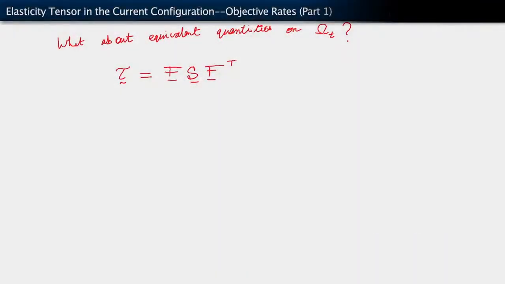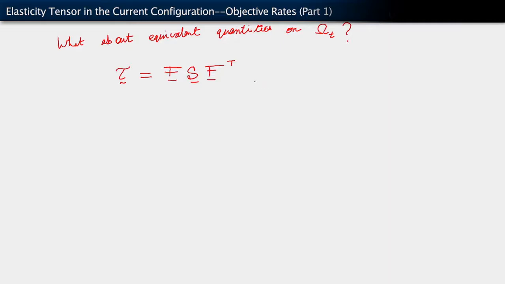The way I want to approach this problem is to ask what we can say about rates of this sort of stress tensor. Can we come up with something like the material elastic tangent in this case? Now observe that we already have a conveniently defined strain rate, which is indeed analogous to E dot and plays the same role as E dot. We have something like that in the current configuration.